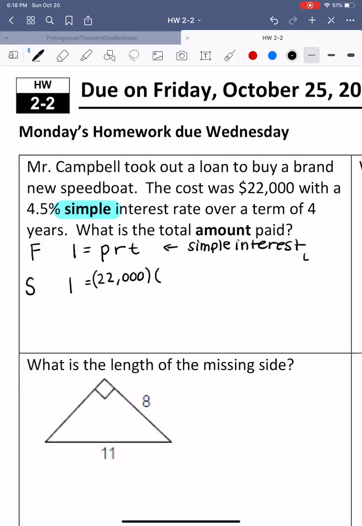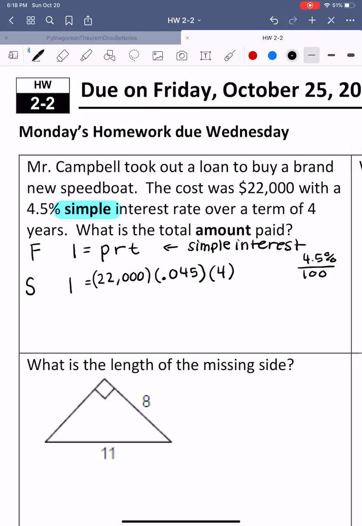When I have 4.5%, I can't put percents into my problem, so I'm going to have to divide this by 100 before I put it into my equation. So 4.5% divided by 100 is going to leave me with 0.045. Then my time has to be in years, and since I already have it in years, I can go ahead and substitute this for my time.